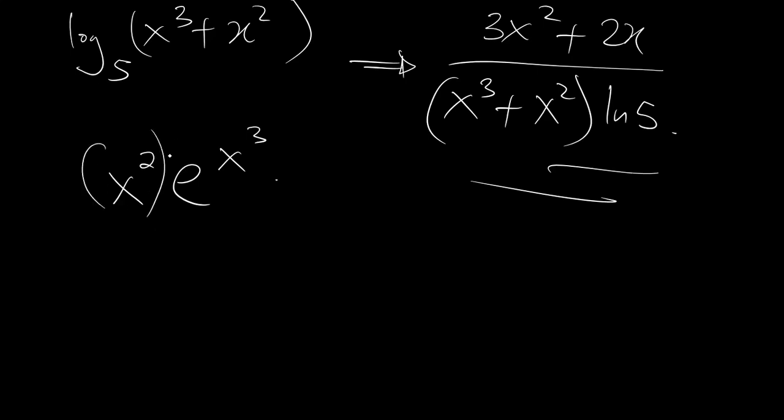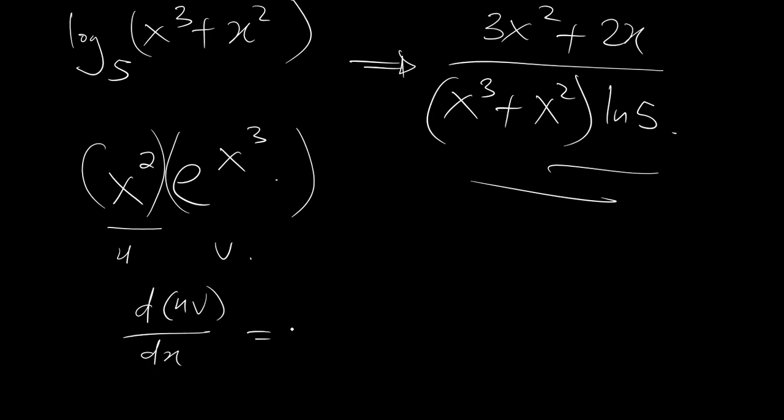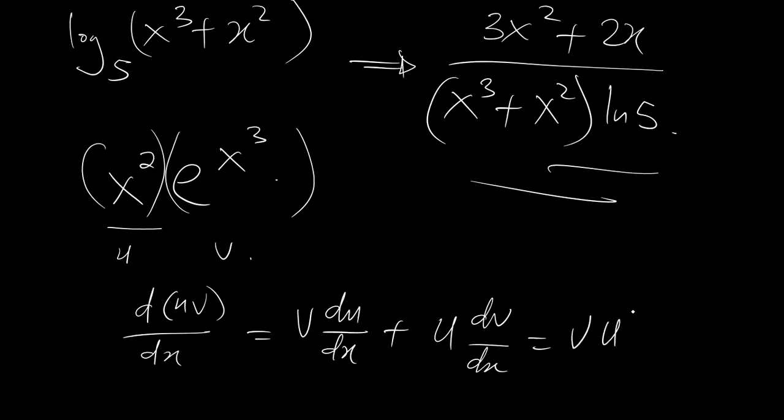You have a function here and another function. Let's say this one is our u, this is our v. Now you know the product rule: the derivative of uv with respect to x is v du/dx plus u dv/dx, which is v u prime plus u v prime.